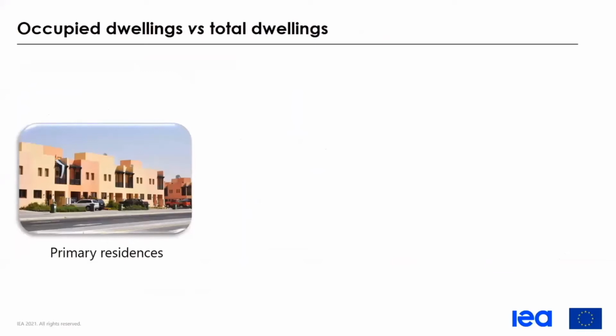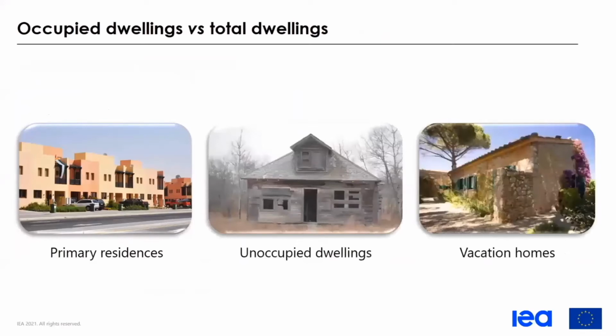For example, if we use total dwellings, we will also account for abandoned dwellings and secondary residences. Therefore, in order to avoid counting in efficiency empty buildings which does not consume, we should exclude vacation homes and unoccupied dwellings. And so this way we keep the same boundaries between the energy consumption and the activities related to this energy consumption.